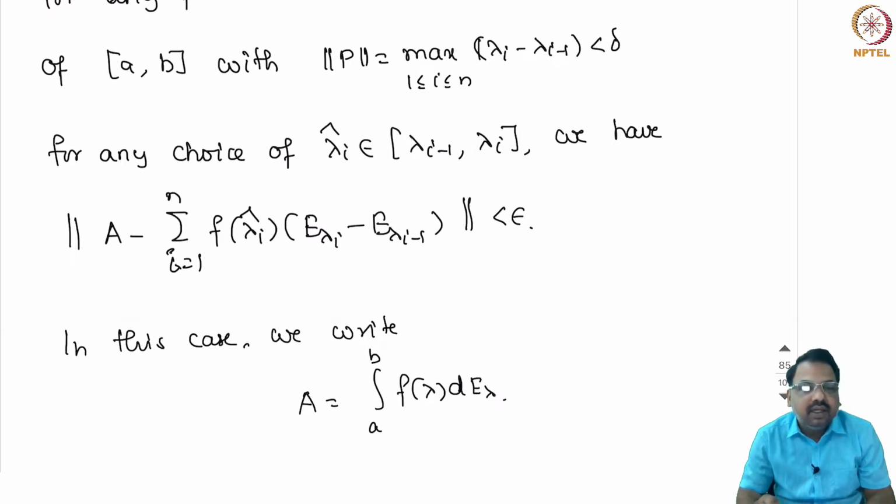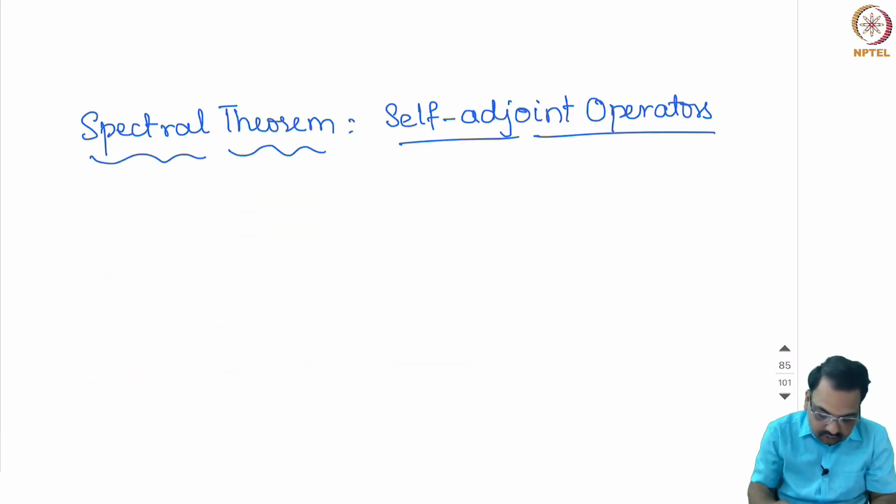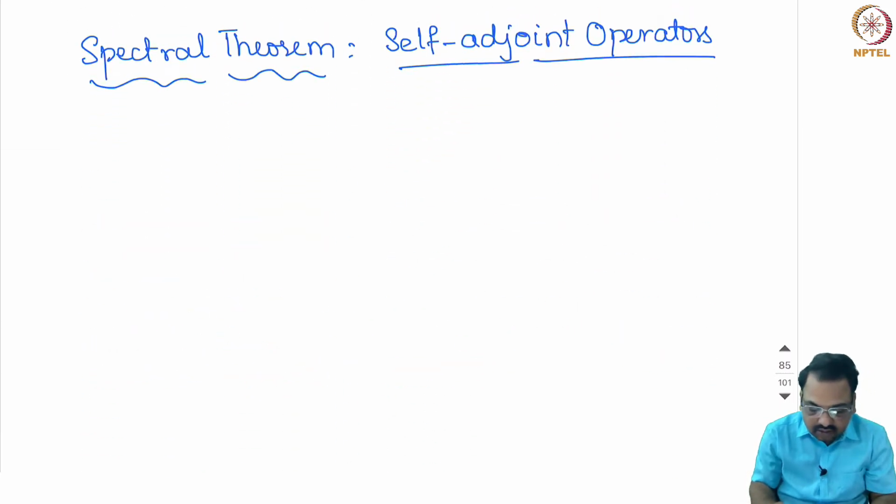Here the operator A is nothing but the integral of f lambda dE lambda, and this convergence is with respect to the operator norm of B(H). Now today we want to discuss the spectral theorem.